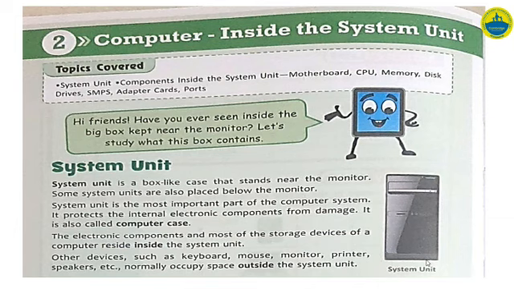The system unit is like a box that stands near the monitor, and some system units are also placed below the monitor. It is the most important part of the computer system, which contains all the electronic components inside it so that it can save them from damage.